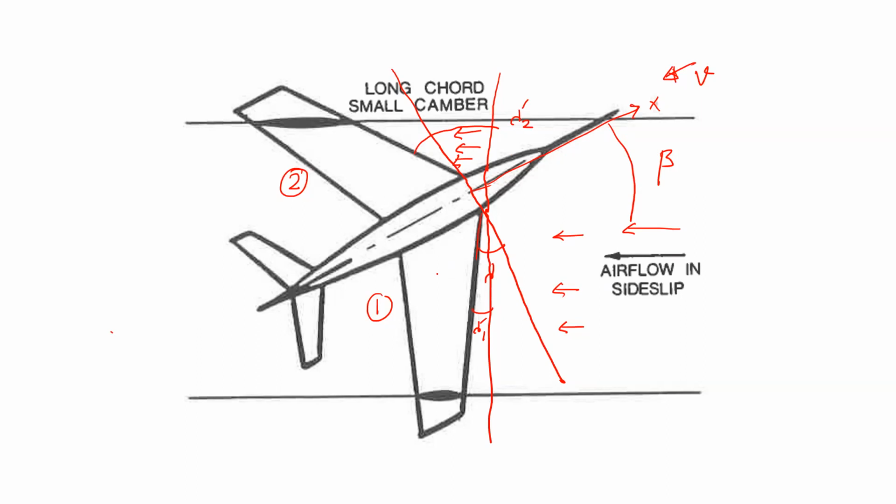Imagine wing section 1 is down or wing section 2 is down in this particular configuration. We're looking at this picture. Imagine this aircraft is in roll. The way we are receiving the velocity and the existence of beta in a certain direction, can you relate which wing is below level? The second one.